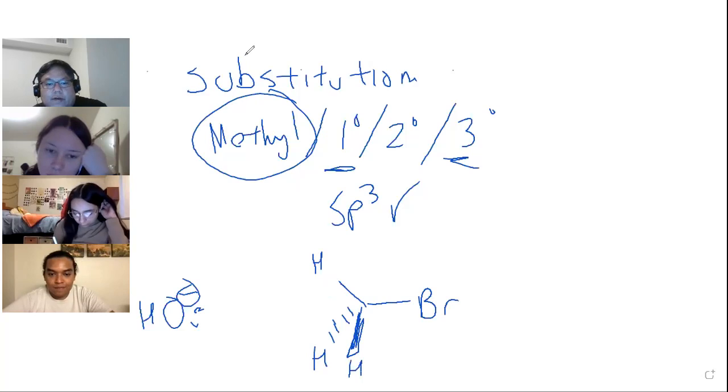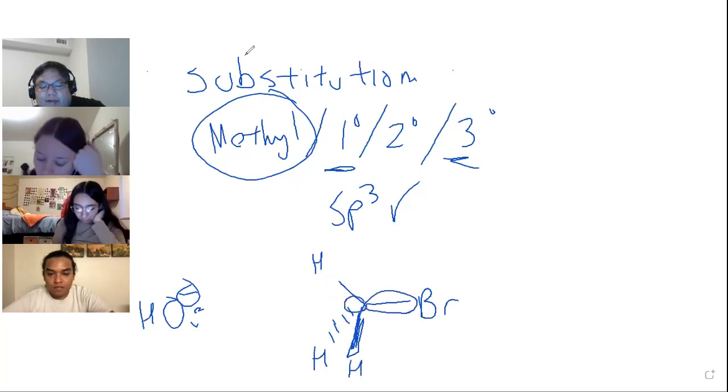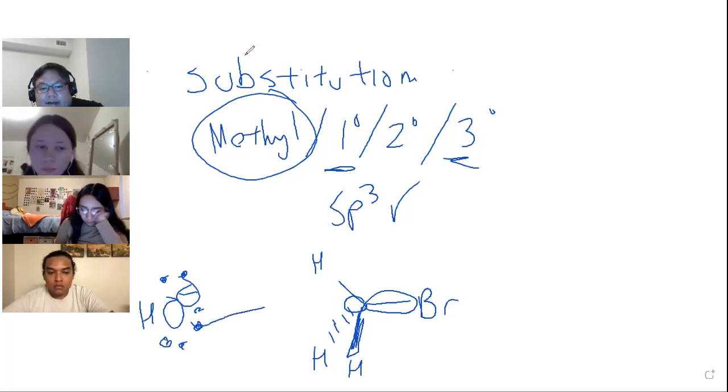We said that this was the bonding orbital here, and then this was the anti-bonding orbital. So the electrons that were actually doing the attack had to come from which direction? Front side or back side? Backside, right? So it has to come in here and attack like this. But how small is that anti-bonding orbital? That backside orbital? It's pretty small, right?